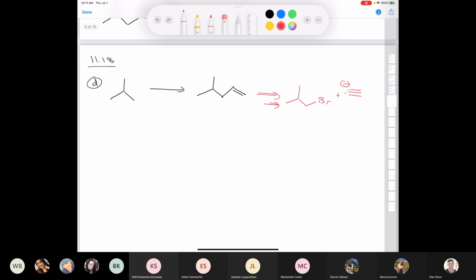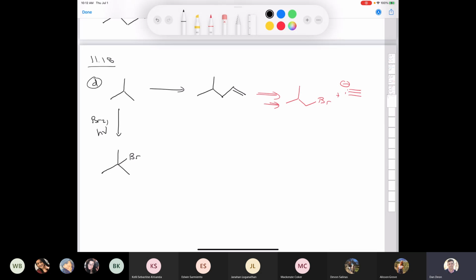So then the question becomes, how do I get from isobutylene or isobutane to this alkyl bromide? Well, the first step, the only option we have is to treat it with bromine and light, which gives us this compound, 2-bromo-2-methylpropane.